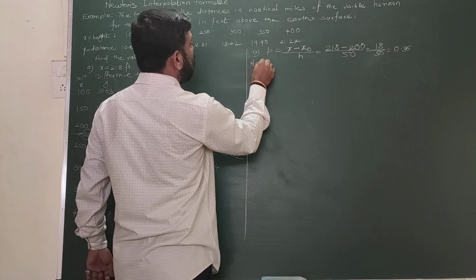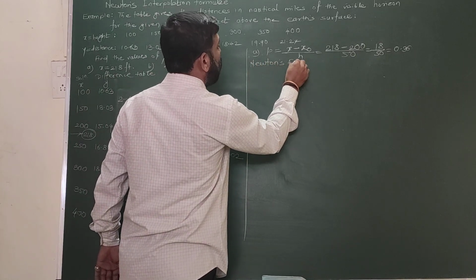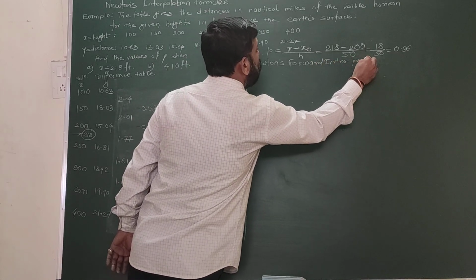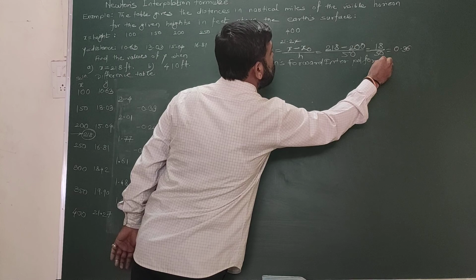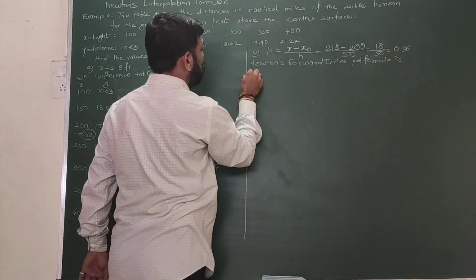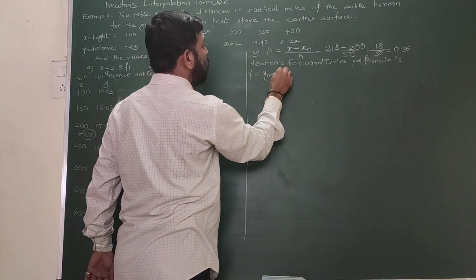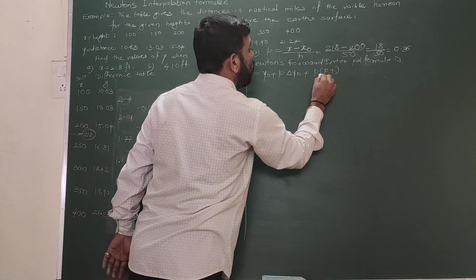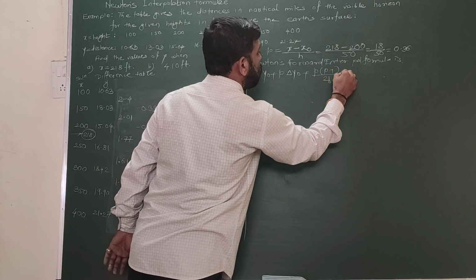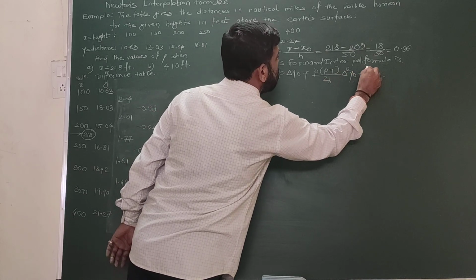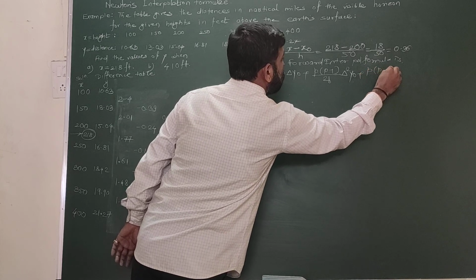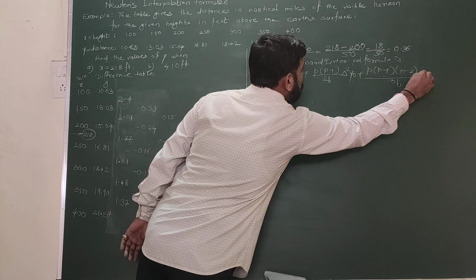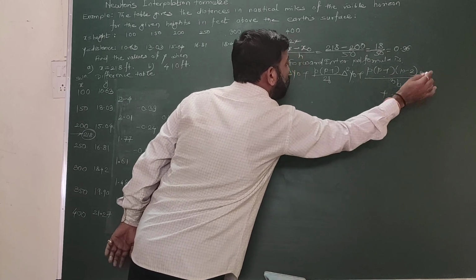Now Newton's forward interpolation formula is, y is equal to y0 plus p del y0 plus p into p minus 1 upon 2 factorial del squared y0, plus so on.